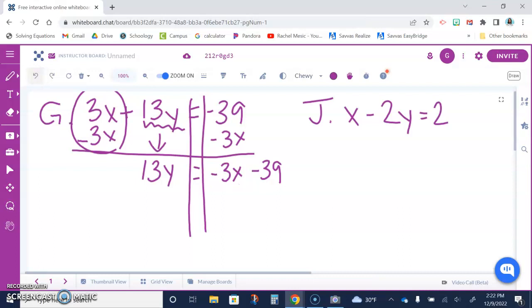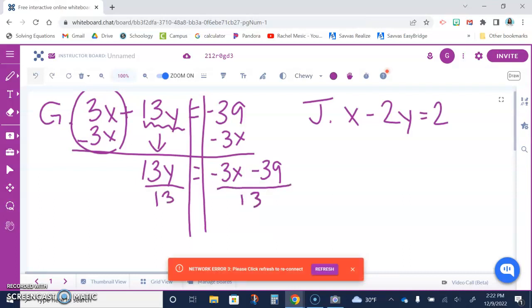All right, so then 13y means 13 times y. So the inverse or opposite would be to divide by 13. And I have to divide by 13 on the other side too. Any number divided by itself is 1. 1y is the same as y.